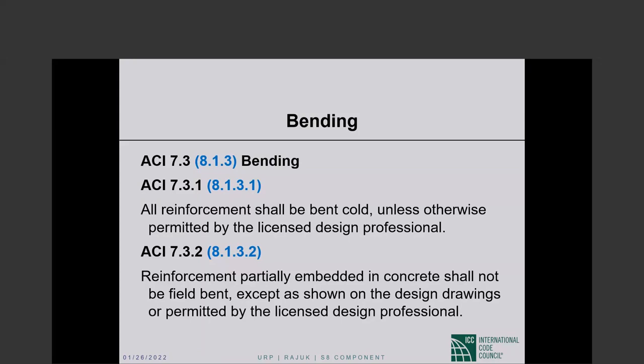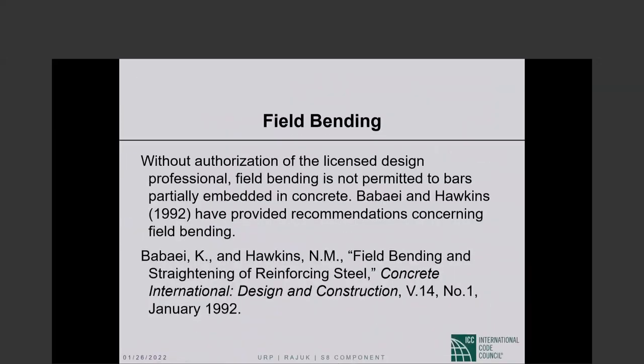Or if it is not on the drawing, it will have to be permitted by the licensed design professional. Field bending of embedded bars. Without authorization of the licensed design professional, field bending is not permitted to bars partially embedded in concrete.